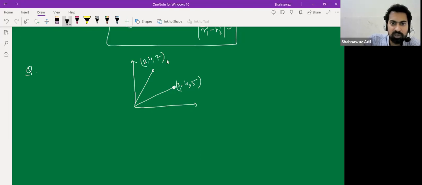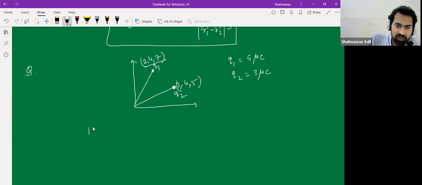So these are the positions of two charges, Q1 and Q2. Q1 is 5 microcoulomb, Q2 is 3 microcoulomb. I want to calculate the force on 2 due to 1. This is R1 and this is R2.